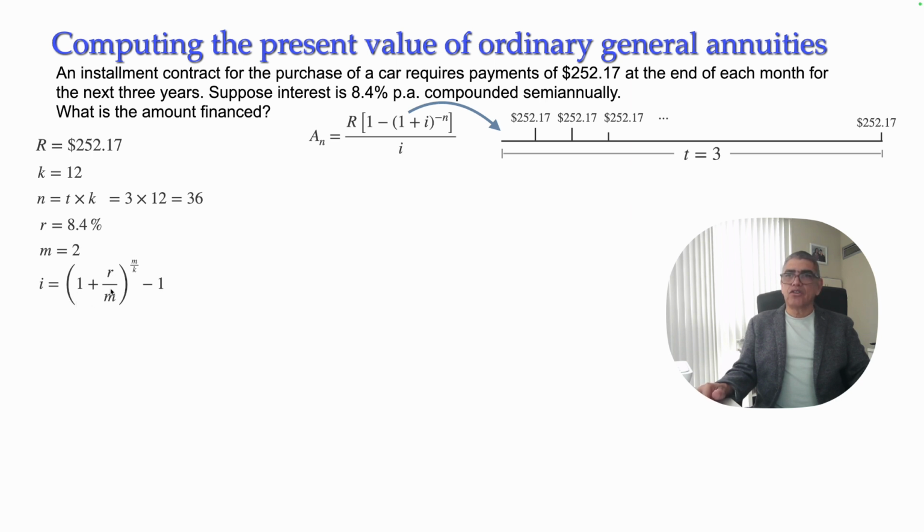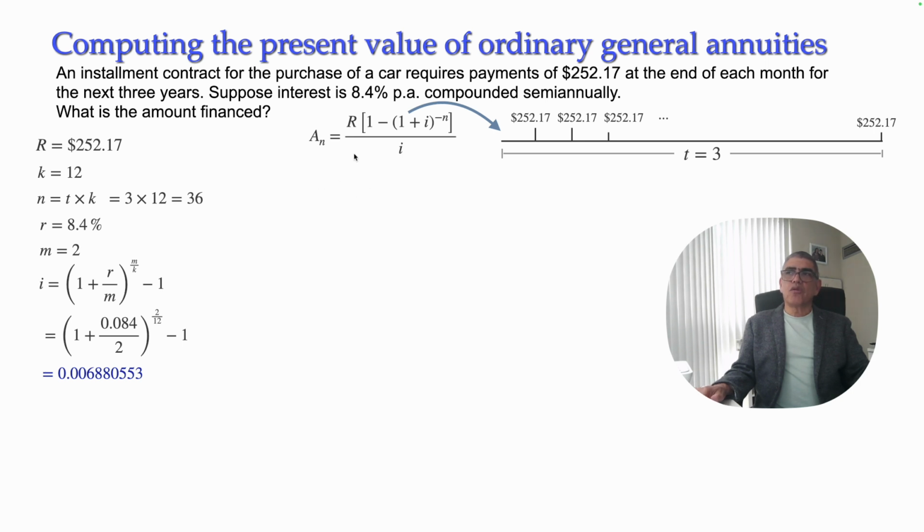Now make the substitution. The 8.4% is 0.084, m is 2, k is 12, and m appears again in the numerator of the exponent. I use my calculator, and the answer was 0.0068805553. So the first thing to do is compute this periodic rate of interest, compounded the number of times per year given by the number of payments. And then, after you have this i, substitute it in the formula.